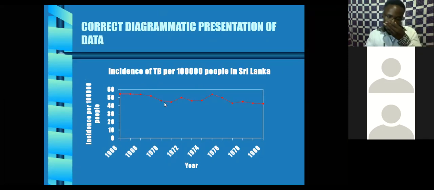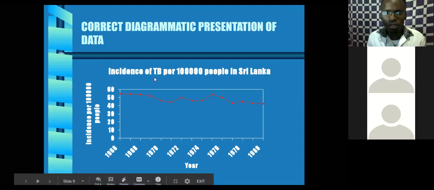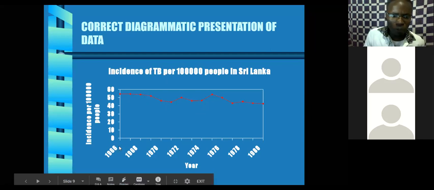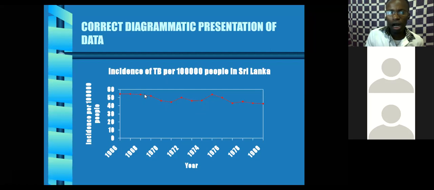Okay, I hope you're able to see what I'm trying to talk about. This is the incidence of tuberculosis per 100,000 people in Sri Lanka. Between 1966 and 1970, somewhere there, we can see that it was almost constant. The incidence of TB was almost constant, a horizontal line.